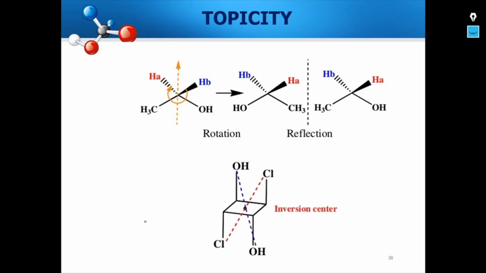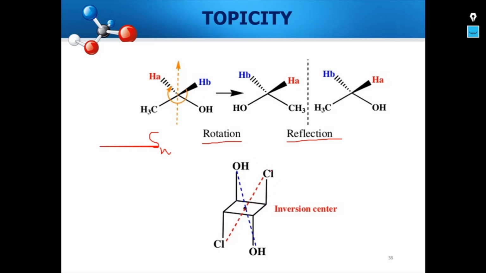Similarly, we can have an SN axis. A molecule has an SN axis, which is nothing but a rotation and reflection. I'm not going into the details of symmetry and symmetry elements. So if this particular molecule has an SN axis across the atoms under consideration, then the atoms or groups are said to be enantiotopic.